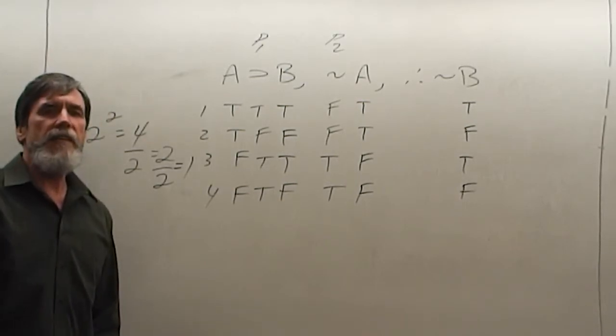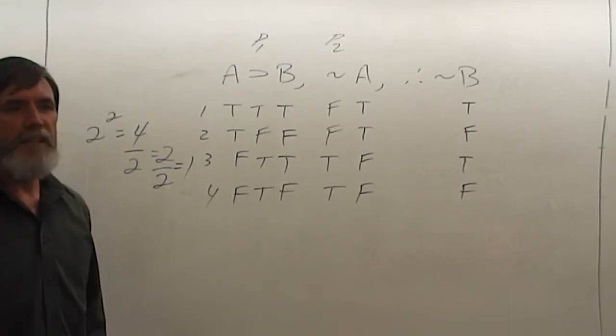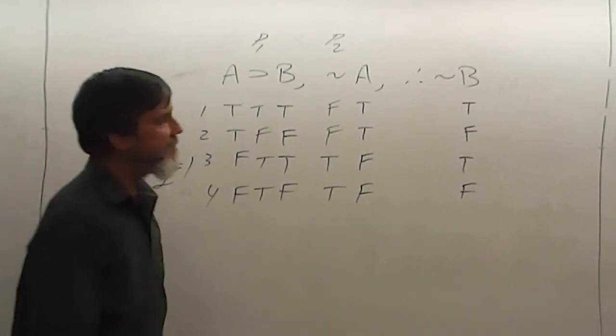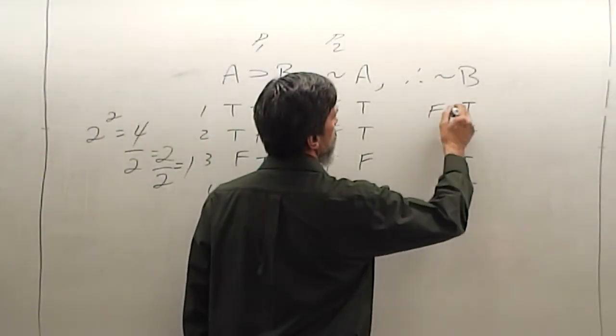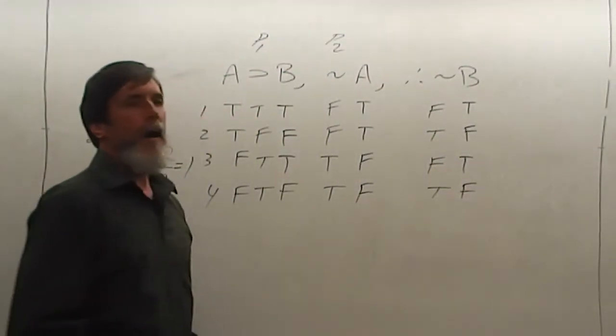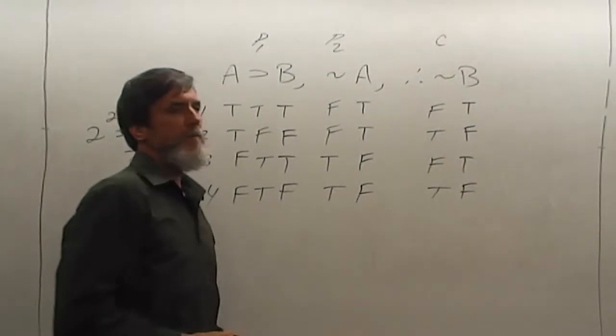And the same thing for the negation of B. It's not going to be the same column, but you're still going to reverse, in essence, the truth values of B. So our truth table is complete.